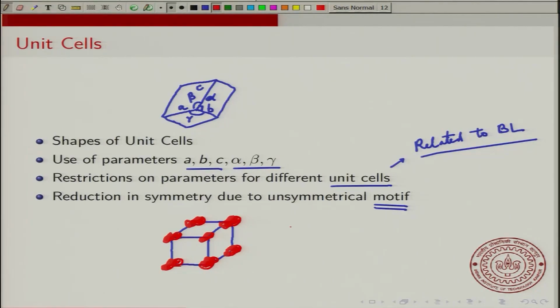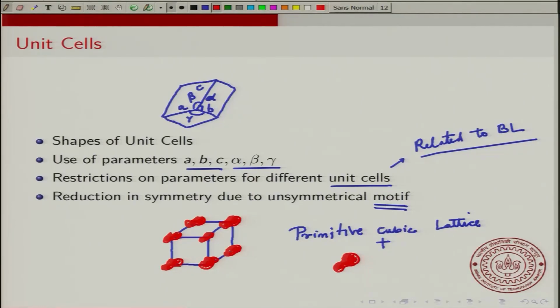So I can write this as a primitive cubic lattice plus this unsymmetrical motif.